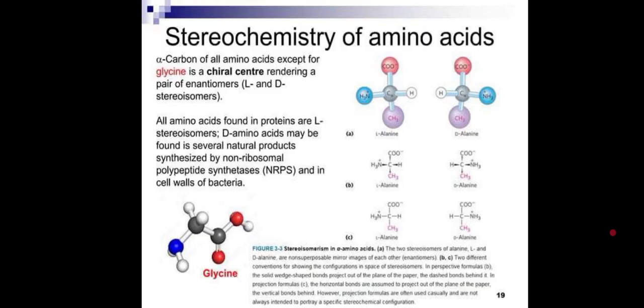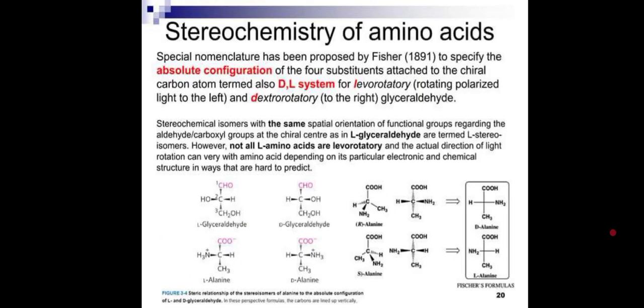The L is levorotatory, and the D is dextrorotatory, and so these are very important for you to understand. When you look at the L, just look at L as life. These are found in living organisms, while the D are less commonly found in nature.